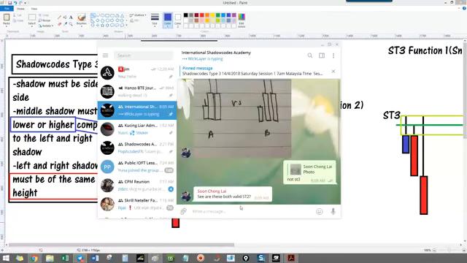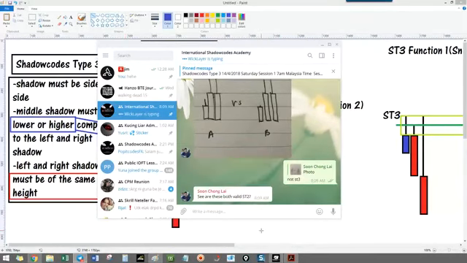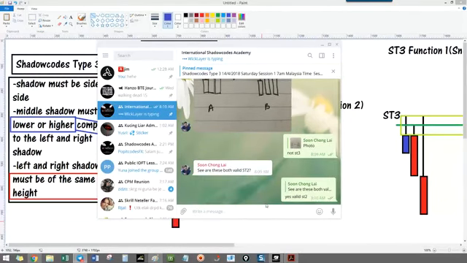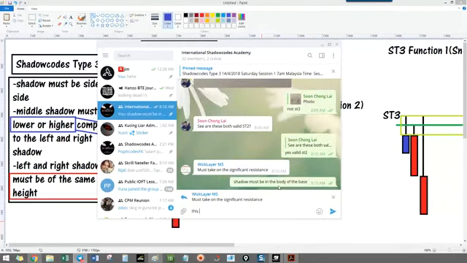See this value, these two are valid ST2. Yes, a valid ST2. So it must be in the body of the base. This one is what Mr. Mansour taught.